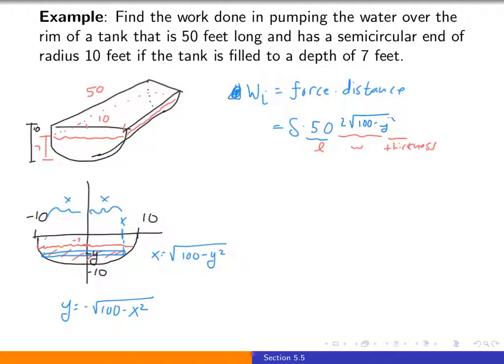And the reason I know everything's in terms of y is looking at how we've broken this up, we've done so in terms of these horizontal slices. Then the thickness is going to be delta y. So it's a small thickness of the slice. And then we multiply it by the distance it has to move. Well, if it's at a y value here, note that it has to move up to y equals 0.